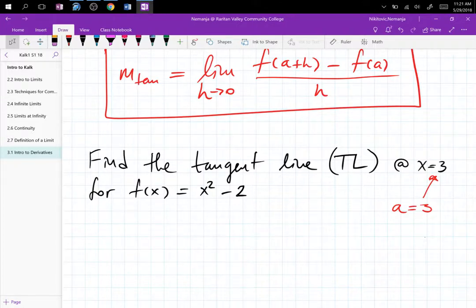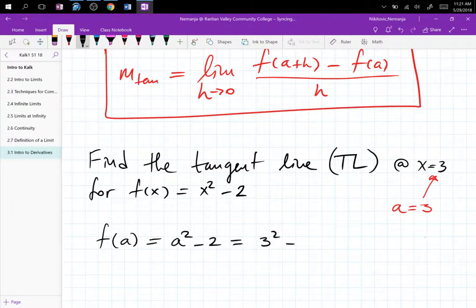All right, let's go. I need to create f of a. Well, that's easy. That's a squared minus 2, which in our case is 3 squared minus 2, which is 7. Nice. I also need to create f of a plus h.